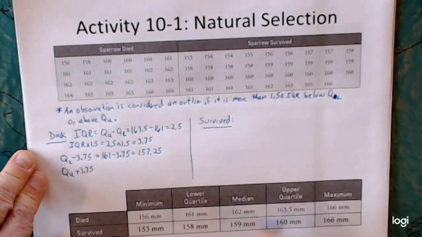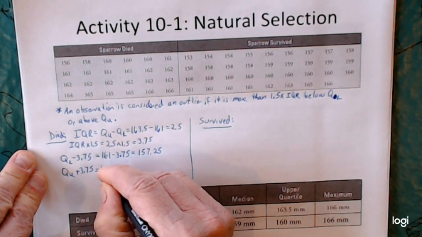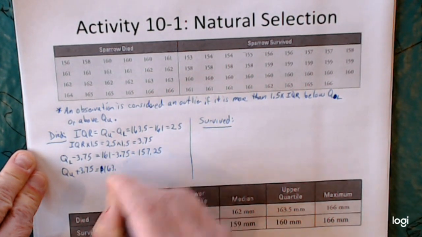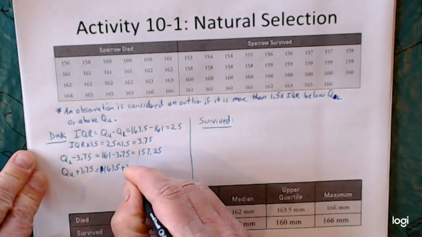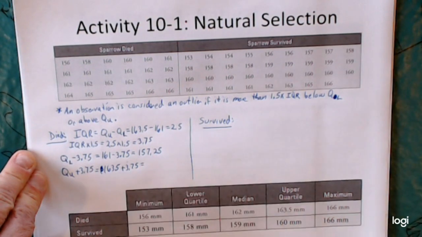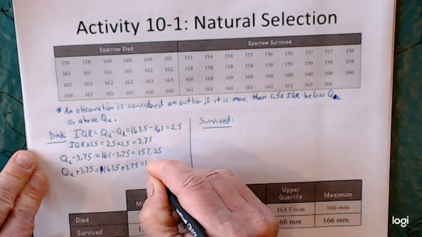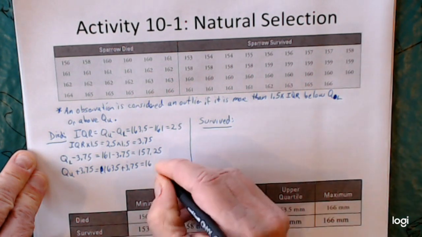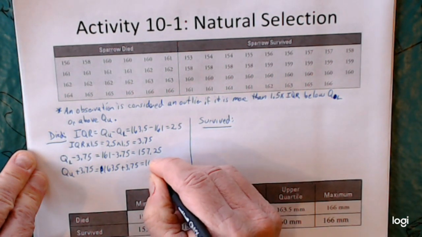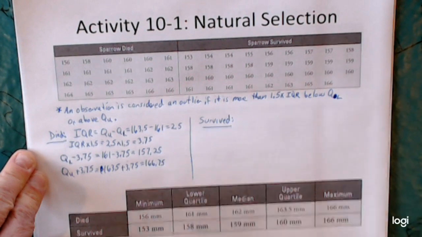So my upper quartile, 163.5 plus 3.75, is 166.75. Did I get that right?